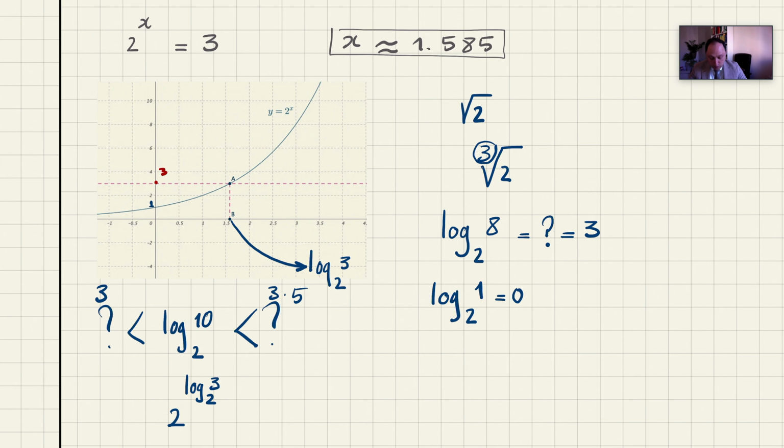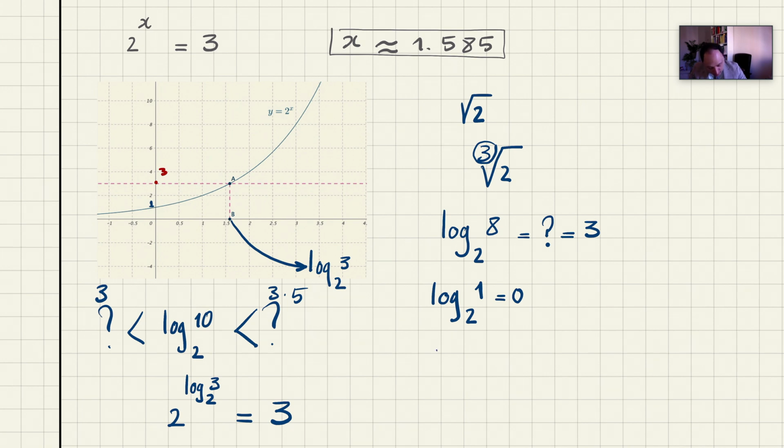Just explain to me what the answer is. It's 1.585. No, this approximation is for the exponent. I am talking about the whole package. It's 3. Is it approximately or exactly? Exactly. Can you tell me why?